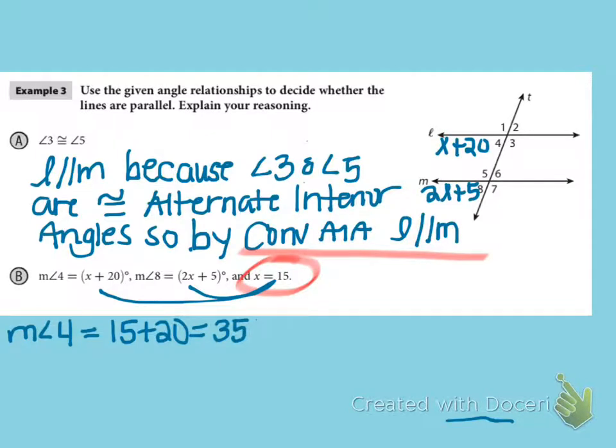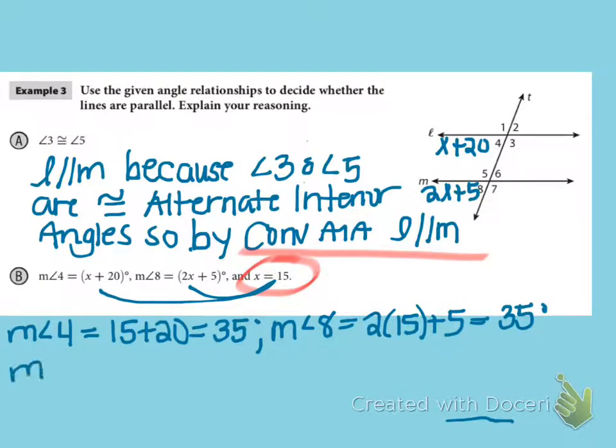And then I could also plug it into the measure of angle 8, and it would be 2 times 15 plus 5, which 2 times 15 is 30, plus 5 is 35, and so now we've got angles equal.